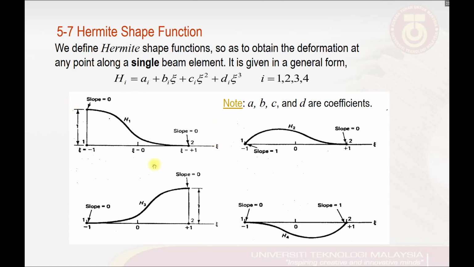So what is happening here? If we look at H1, at node number 1, which resides on the left end of our element, where the natural coordinate z is equal to -1, at this particular point for H1 the slope is equal to 0. That means there is no rotation.